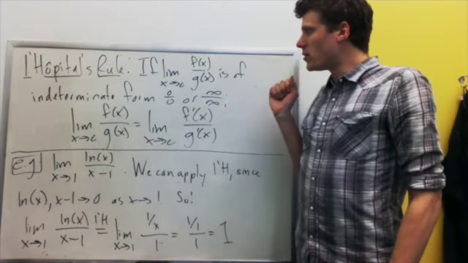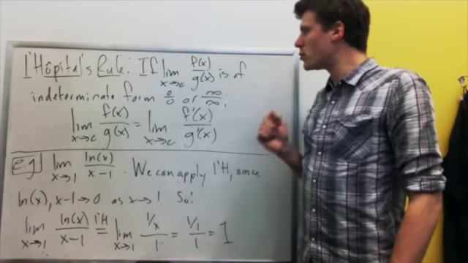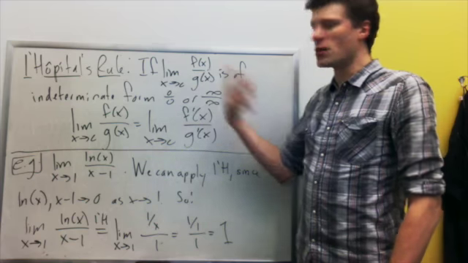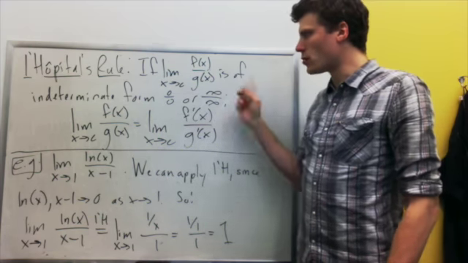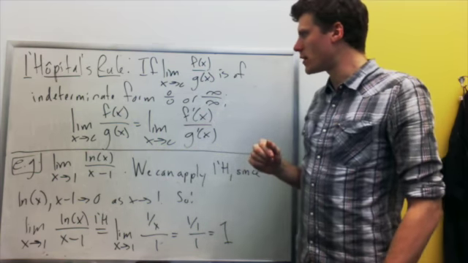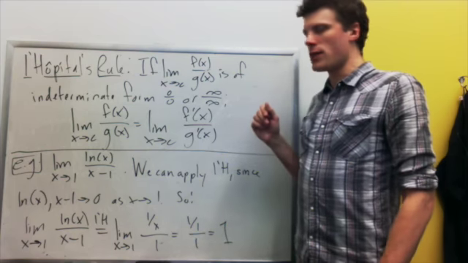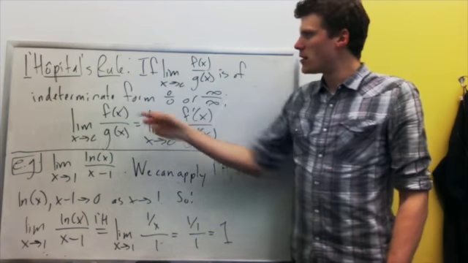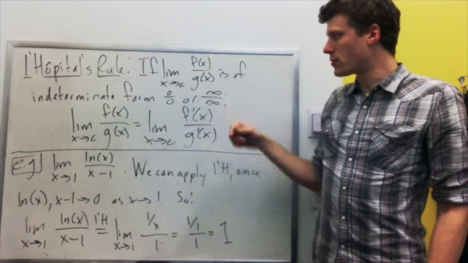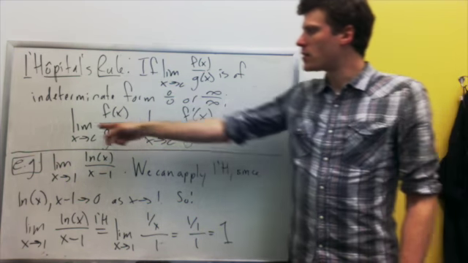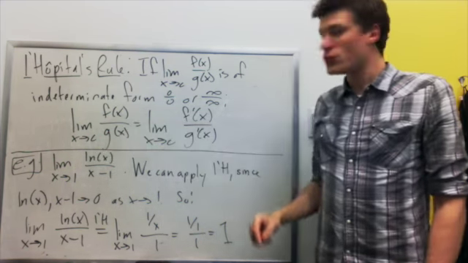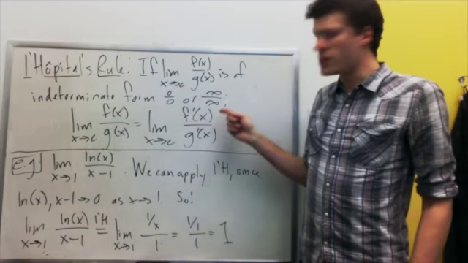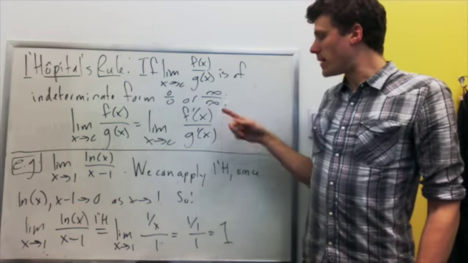Okay, so L'Hopital's rule allows us to deal with limits that are of the form 0 over 0 or infinity over infinity. And what it says is this: if I have a limit of f over g as x goes to c that's of indeterminate form 0 over 0 or infinity over infinity, then to take the limit of f over g, I can actually take the limit of the derivatives of f and g.